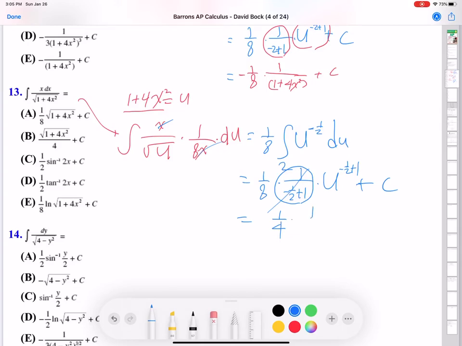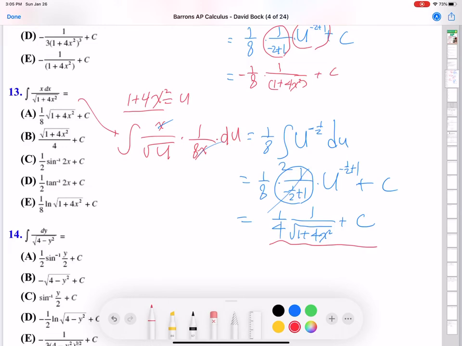So 1 over square root u. Then what was u? u was 1 plus 4x squared. So this is going to be the answer. So 1 over 4 times, okay, where is that? Answer number 4.